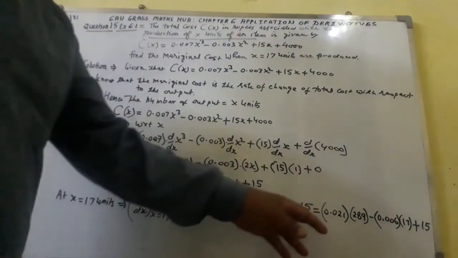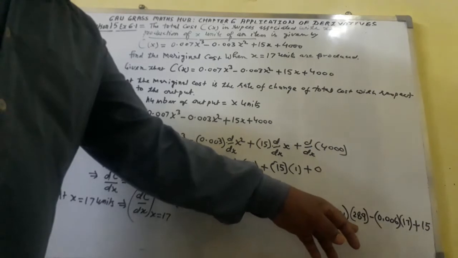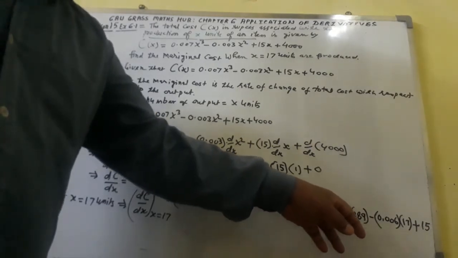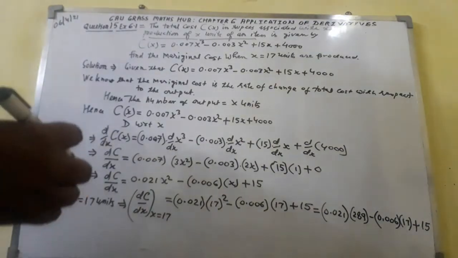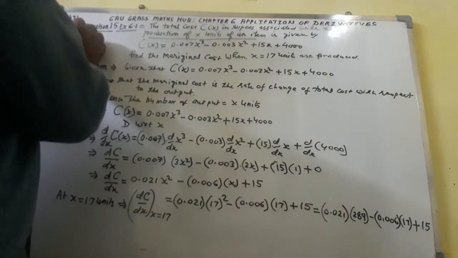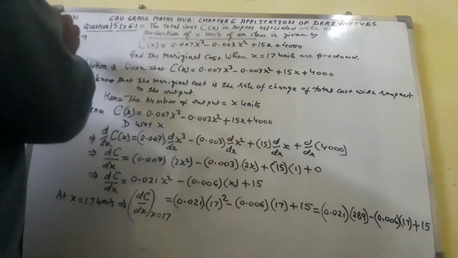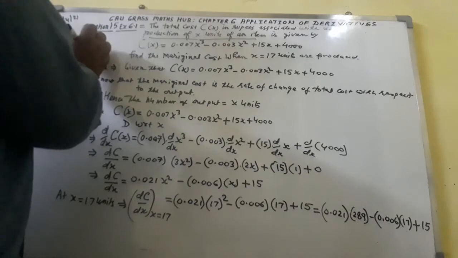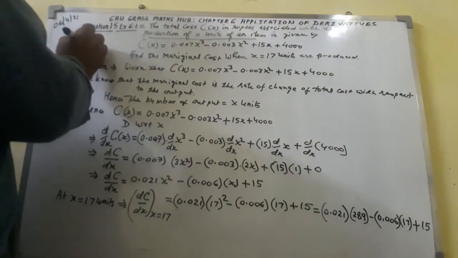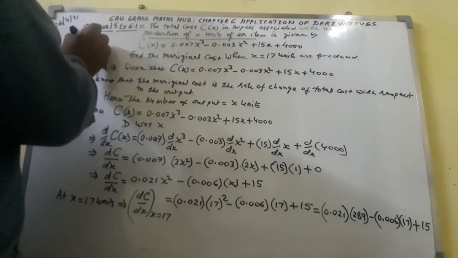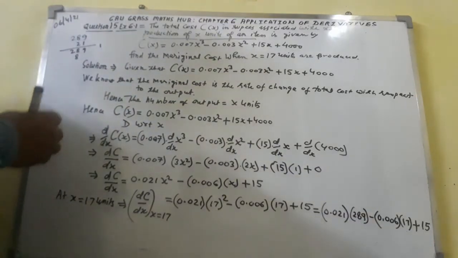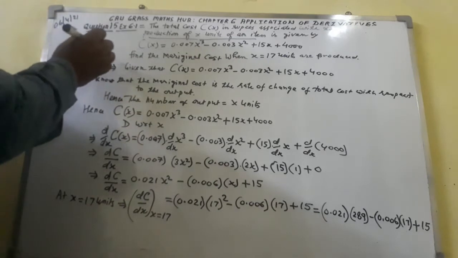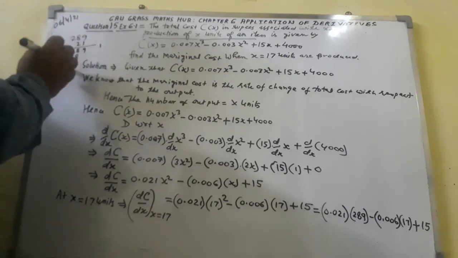Now here 0.021 will multiply to 289. So let us see what result comes out to be. 289 will be multiplied by 21. Two 9s are 18, remainder 1. Two 8s are 16 plus 1, 17, 1. Two 2s are 4 plus 1, 5.